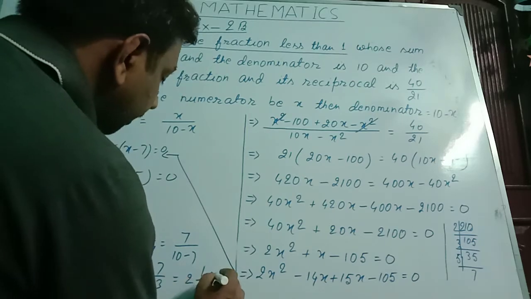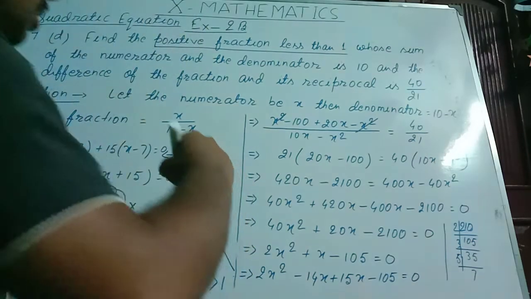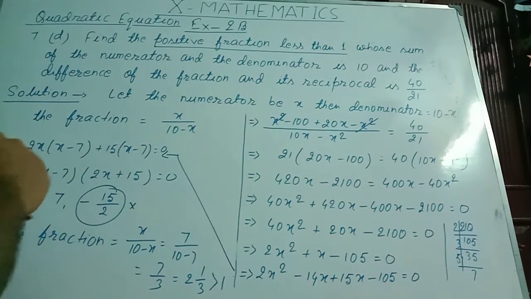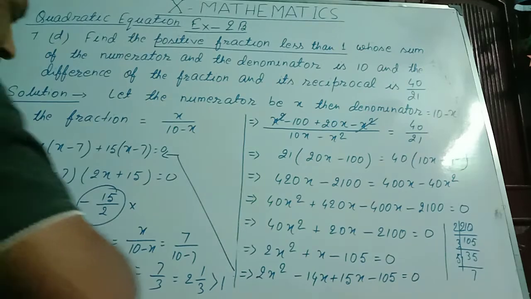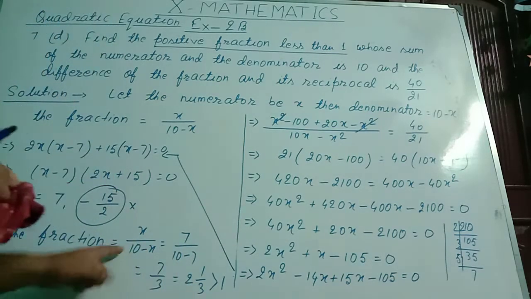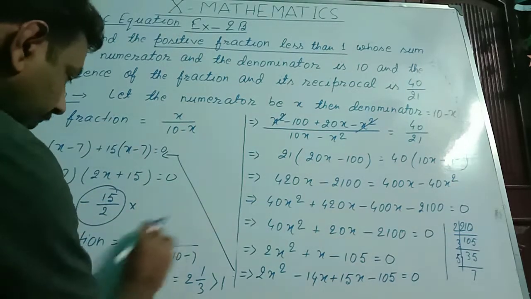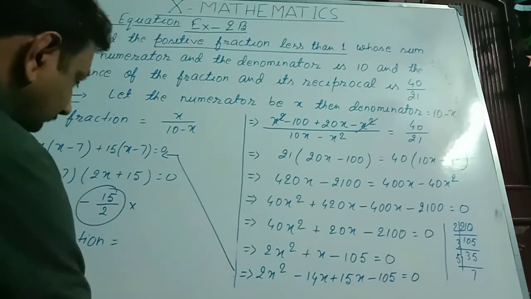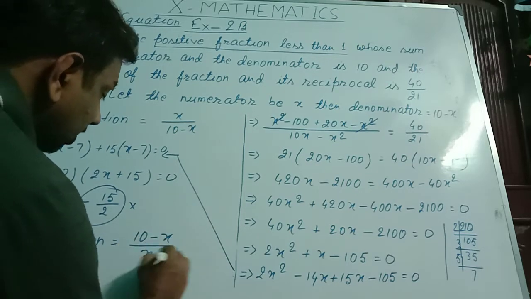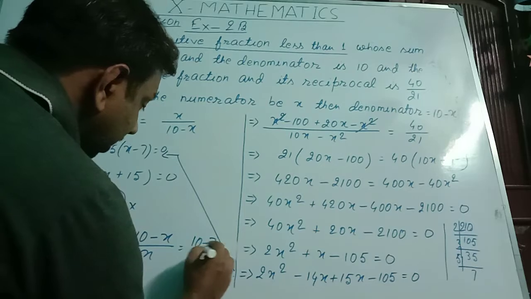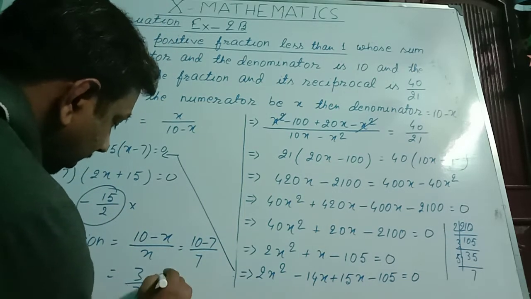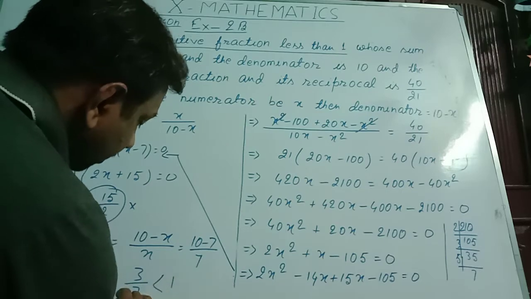This is greater than 1, but it should be less than 1. So we will not write this as the fraction. We will write the fraction as 10 minus x by x. So it became 10 minus 7 by 7, equal to 3 by 7, which is smaller than 1. This became the answer.